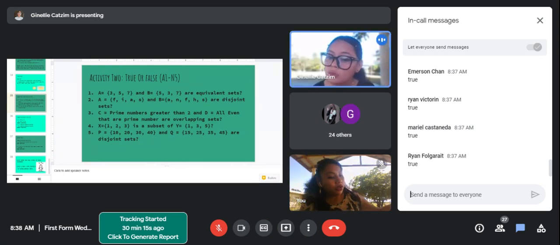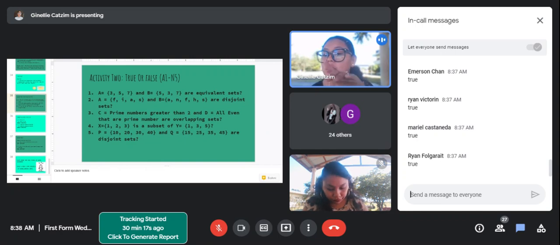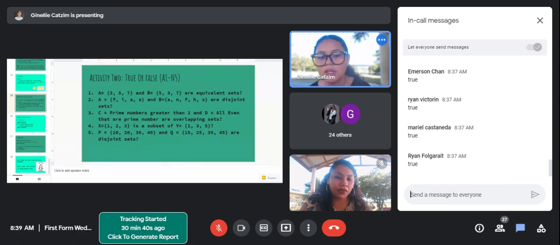Because we cannot include 2 in set C. So because they have nothing in common, those are not overlapping sets. These are disjoint. So this one is false, right? Please write the correct one to the side, because your activity does not include true and false, but I made it a true or false. Okay, so we have number 4.